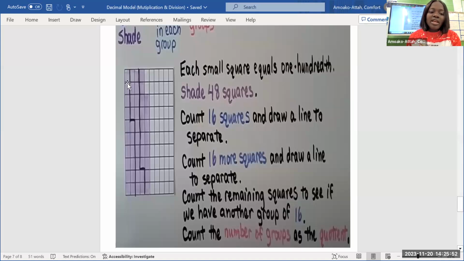So this is our 48 hundredths, 1, 2, 3, 4 tenths, then 8 little ones, little cubes. We divide it into 16 hundredths and count how many groups of 16 hundredths we can get from 48 hundredths. This is very simple and easy to understand. So based on this, you can realize that you can get 3 groups of 16 hundredths from 48 hundredths, and that becomes our quotient, or our answer.